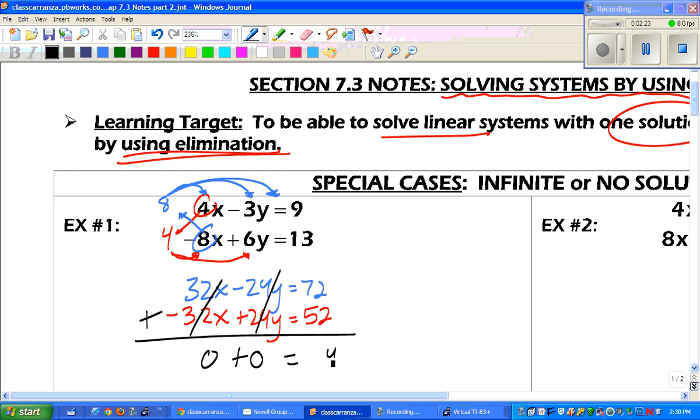And then when you add those up, we get 124. Well, 0 plus 0, that's just 0. And do those things equal each other? Hopefully you're saying no, Mr. Grice. Okay, so when this happens, our answer is no solution.